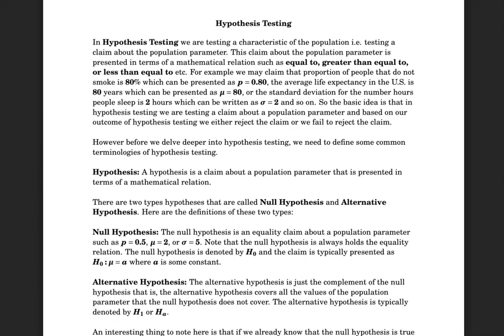For example, you could be testing the average for the population. So let's say on the average, people in the US work 40 hours per week.